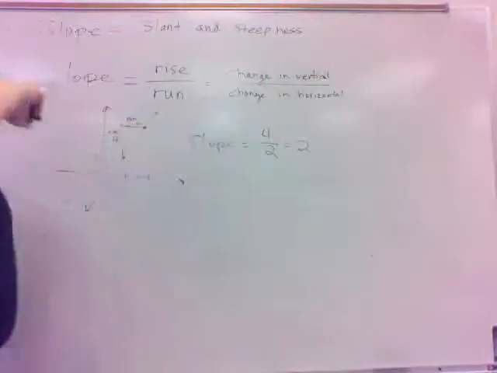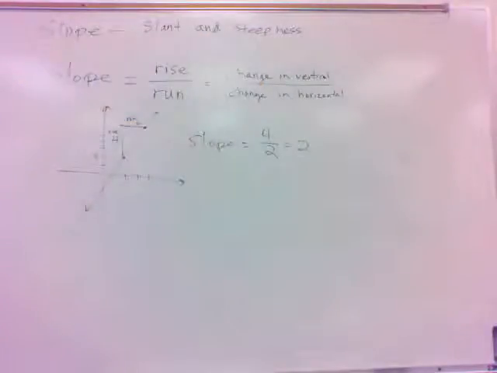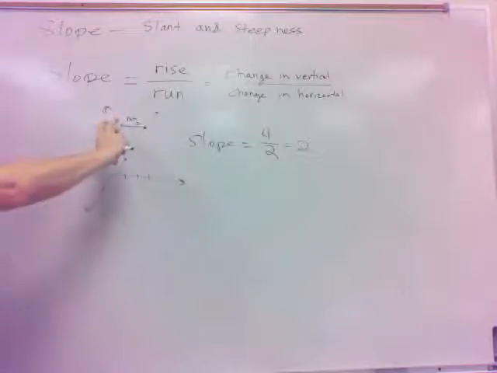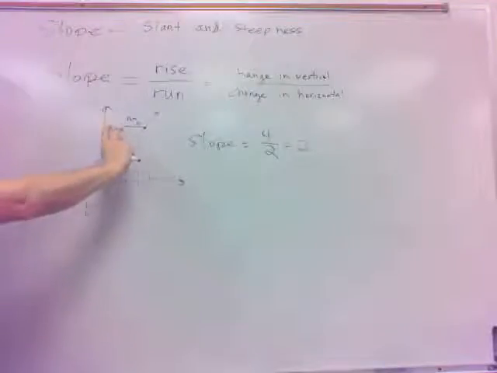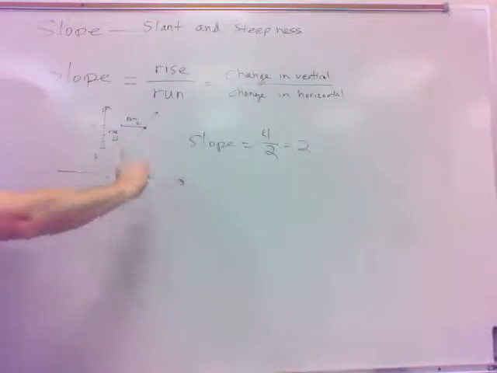Now, let's focus on this a little bit. It's how much it's changing vertically to how much it's changing horizontally. Well, if you think about that, the vertical, that's changing in which axis? The y-axis, right?